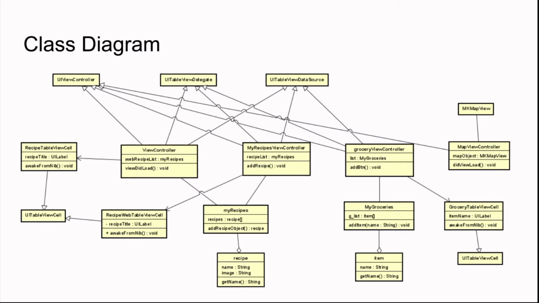So I combined them into one recipe class, and then I have another class that contains an array of recipe items, and the view controllers for the personal recipes and web result recipes are both using this My Recipes class, which contains the array of recipes.